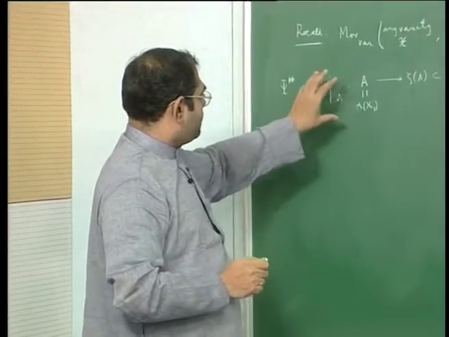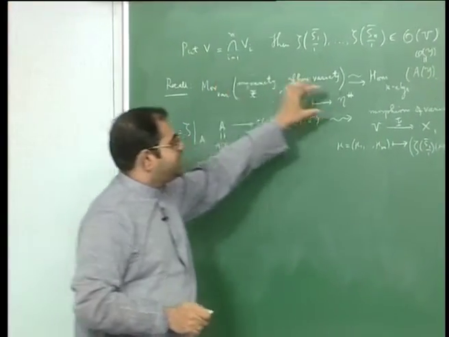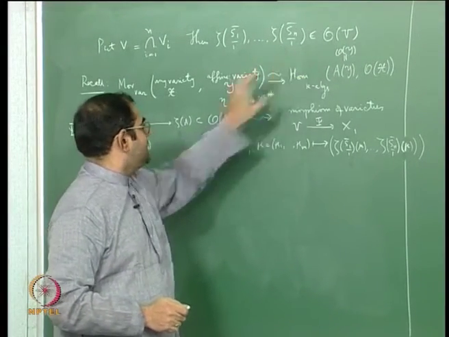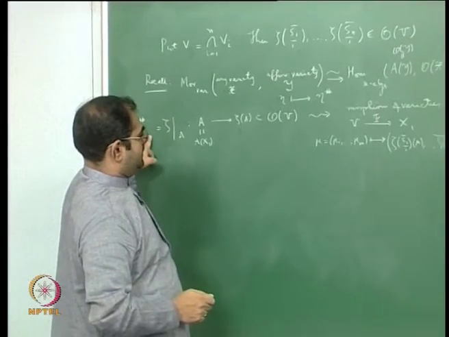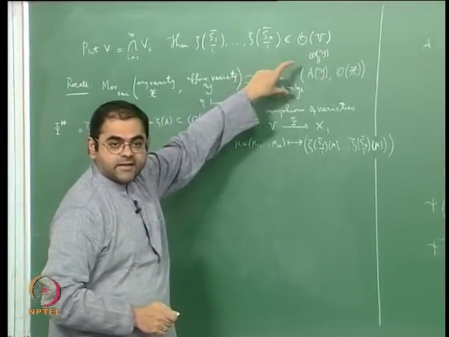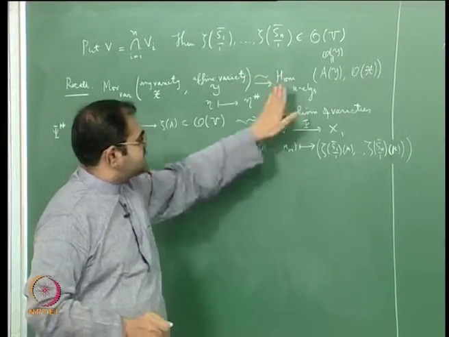And what does it mean to say that I started with zeta restricted to A here and I ended up with this psi there? It means that psi hash is that zeta.